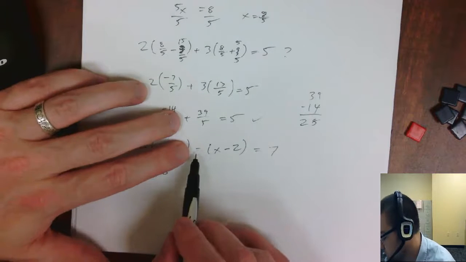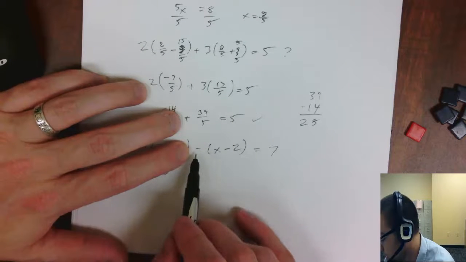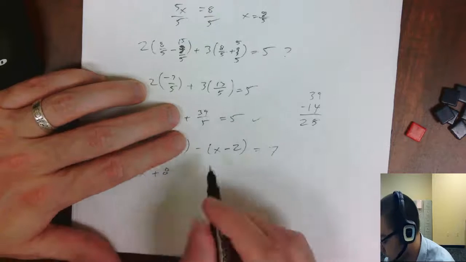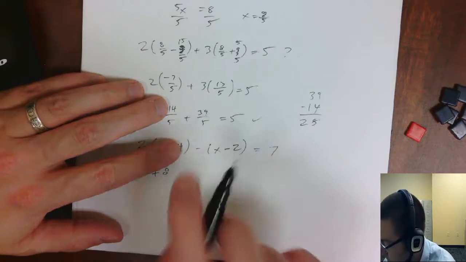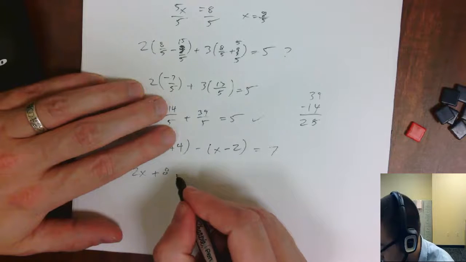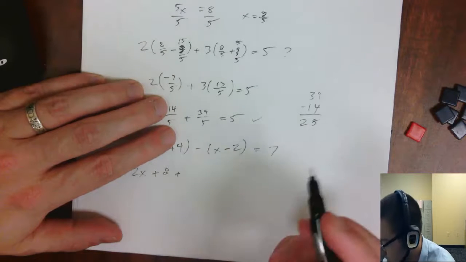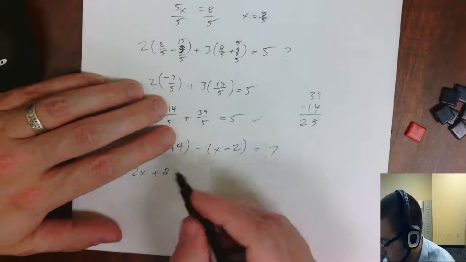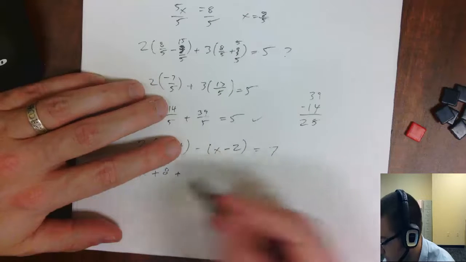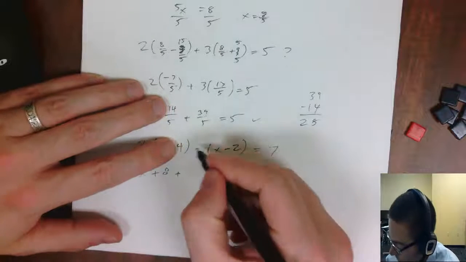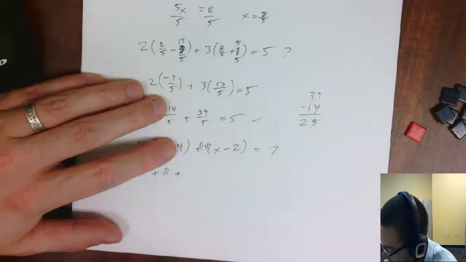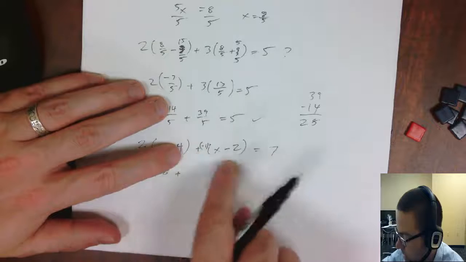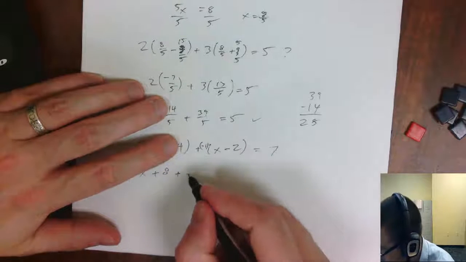Now here, because this is minus, remember that subtraction is the same as adding the opposite. So if I add the opposite of x minus 2, what is the opposite of x minus 2? Well, it's negative x plus 2, right? So I would change signs on both of these inside here. Some people like to think of it as multiplying by a negative 1. You want to think about it that way, and then you distribute the negative 1.